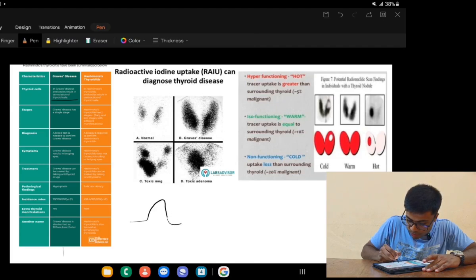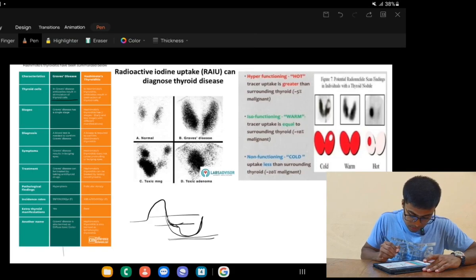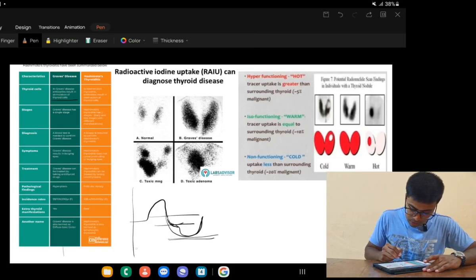Later it will normalize, and later it will become hypothyroidism, since the cells get destroyed. So it will be in the normal range, and then it will become hypothyroidism. So Hashimoto has a curve like this.